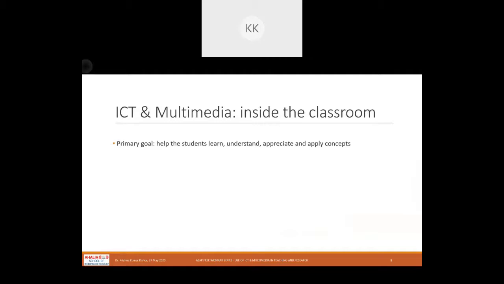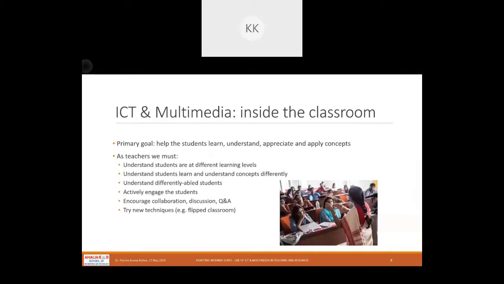Now we must understand that as teachers, students are at different learning levels. These days we classify students, some of them as slow learners, some of them as fast learners. But the point of such classification is to appreciate that different students might have different learning capabilities.